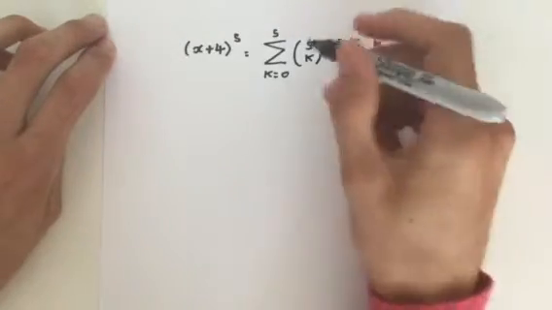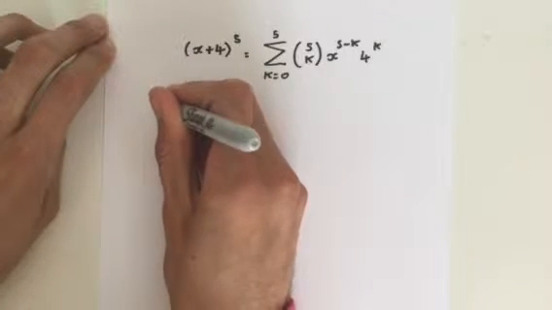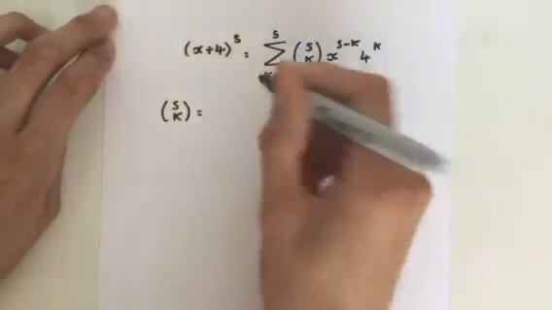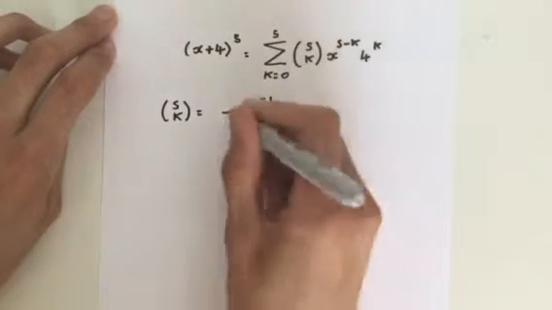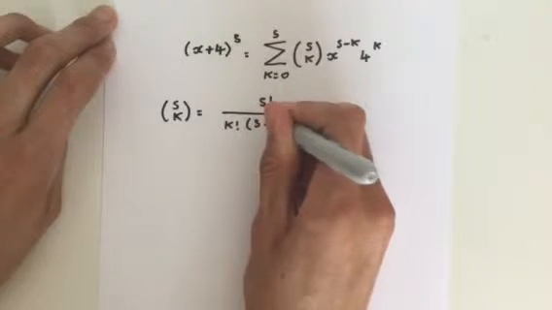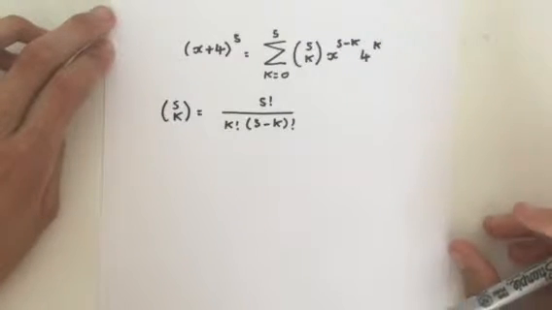So 5 choose k can be written as 5 factorial divided by k factorial times 5 minus k factorial. Okay?